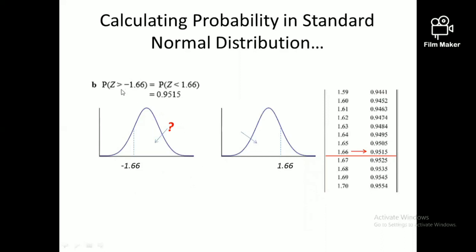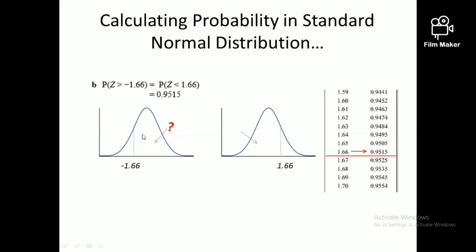If you come across Z is greater than minus 1.66, again that is this area. So we can work out with this greater area. How do you get that area? The area is this bit. This is the area you need to find. This area would be similar to the area over here, from minus 1.66 to 1.66.